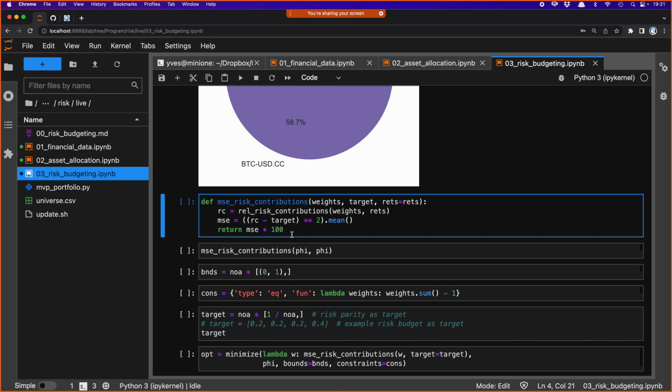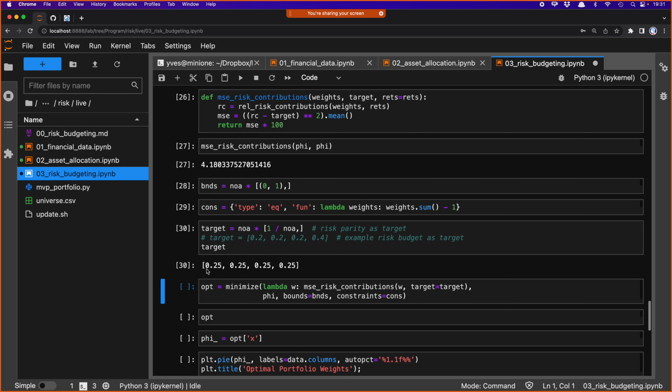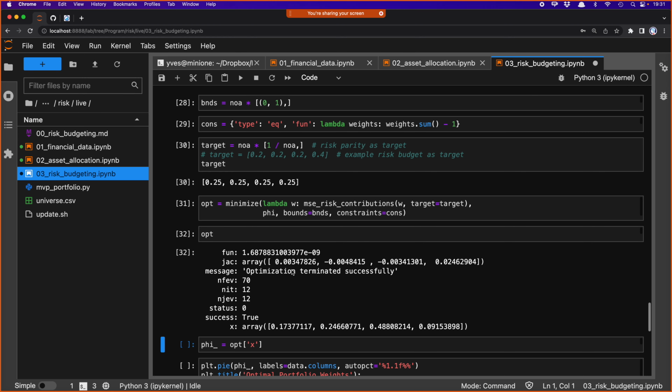We could come up with other ideas there as well. So the target that I want to get started with is 25, 25, 25, 25. So risk parity, and the optimization gives us now the following weights.